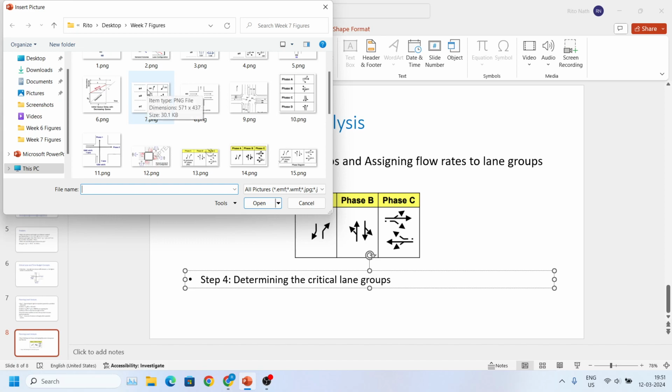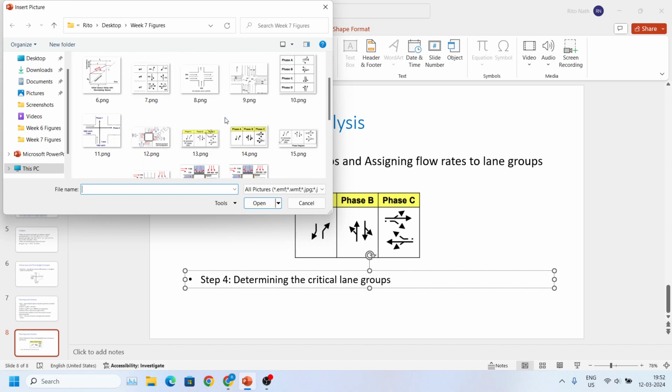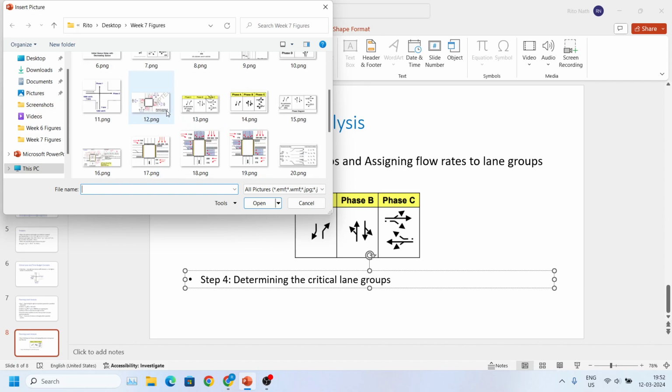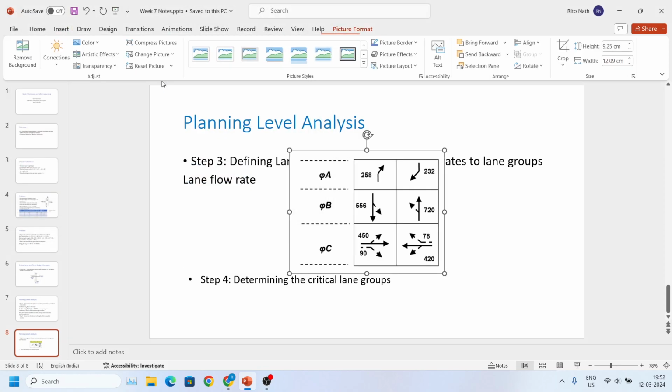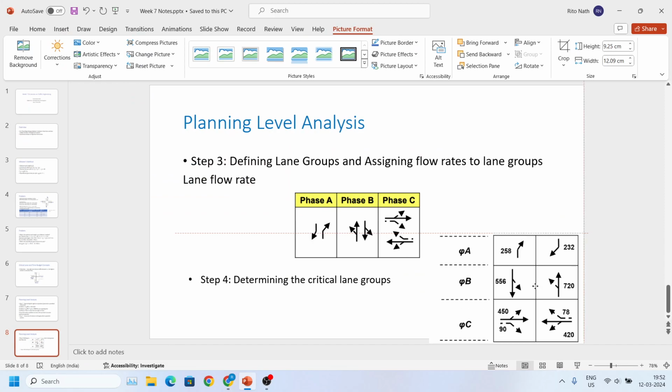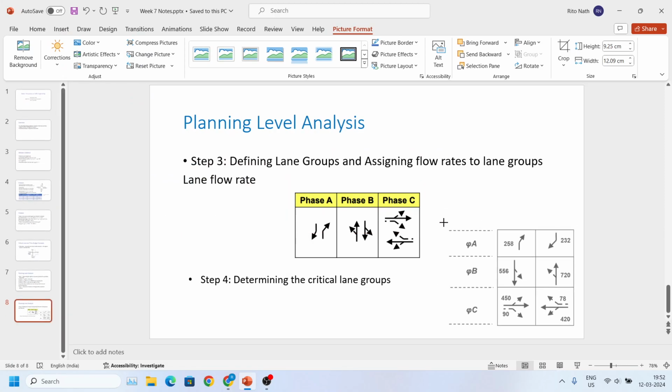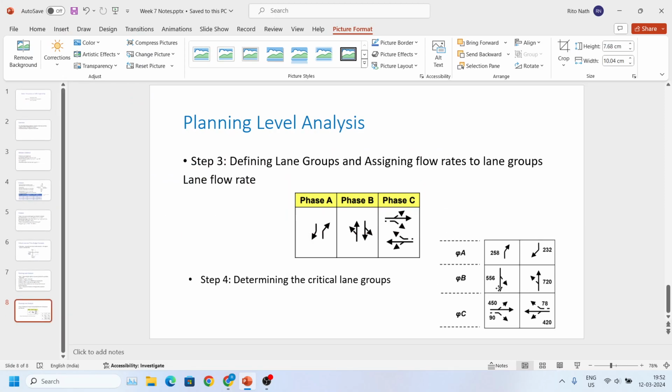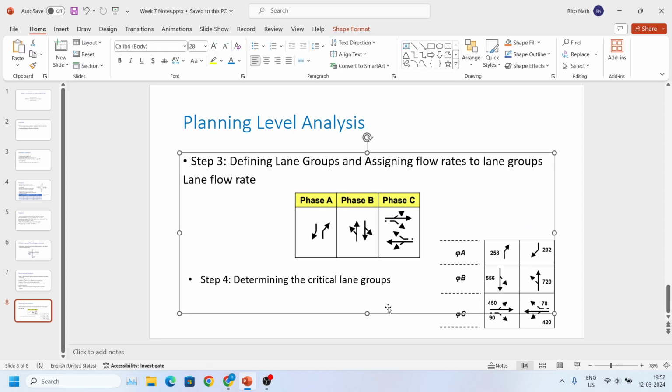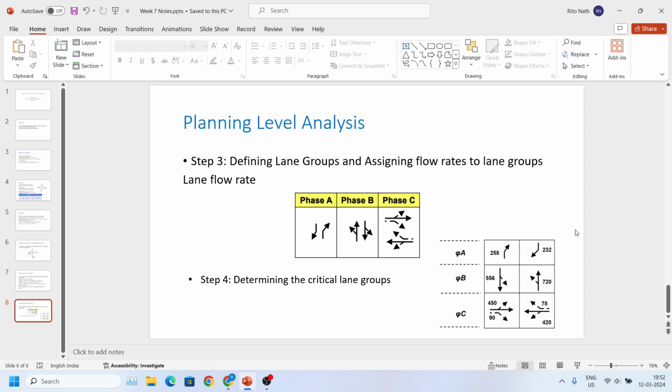You'll be given data like this for different phases, and from it you have to see which one to pick. Typically for this phase A, you will pick the maximum of these two, and that will be your PCU per hour per lane.